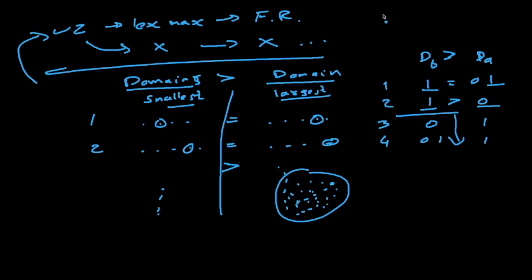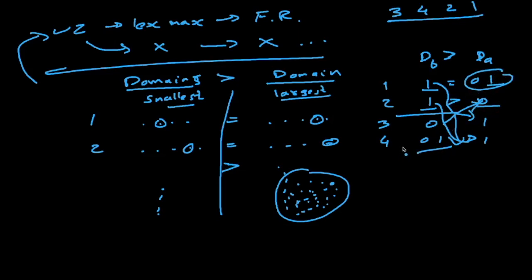Now here is the interesting part. If I consider the permutation 3, 4, 2, 1, as the symmetric permutation for this problem, in that case these two domains are actually equal, right? So if I consider this permutation, compare element number 1 to element number 3, 2 to 4, number 3 to 2, and the 4, which is 0, 1 here, and 2, 1 to 0, 1 over here, right?